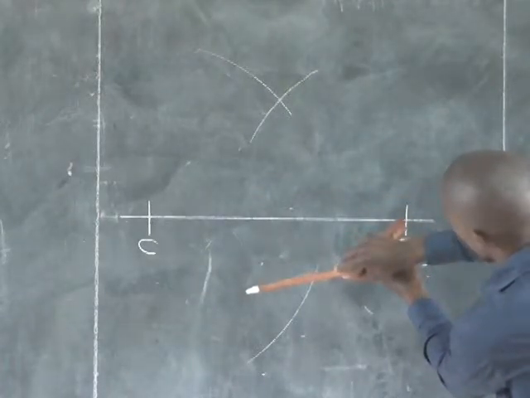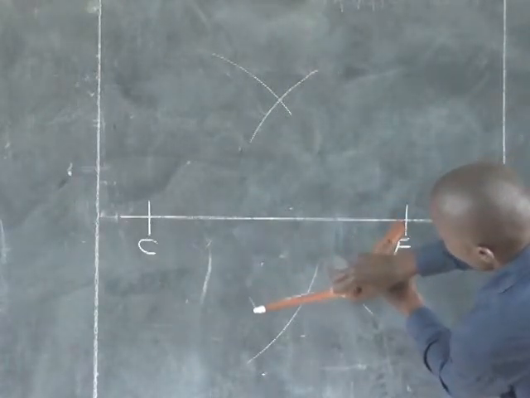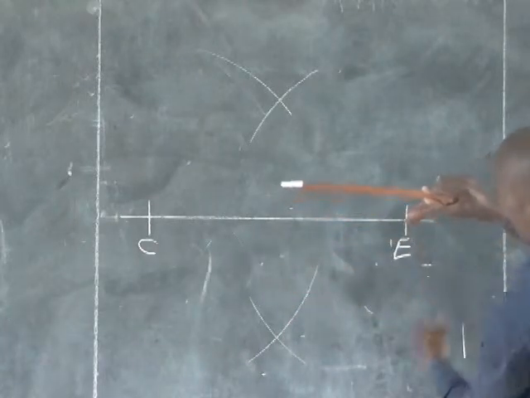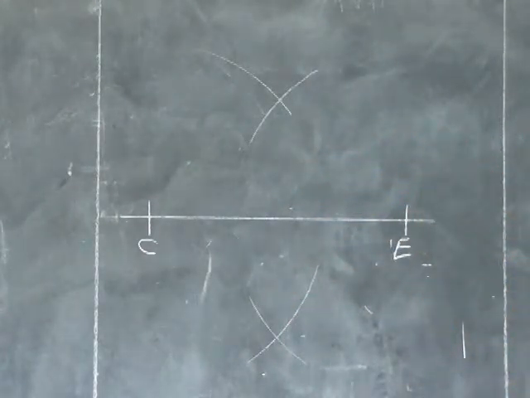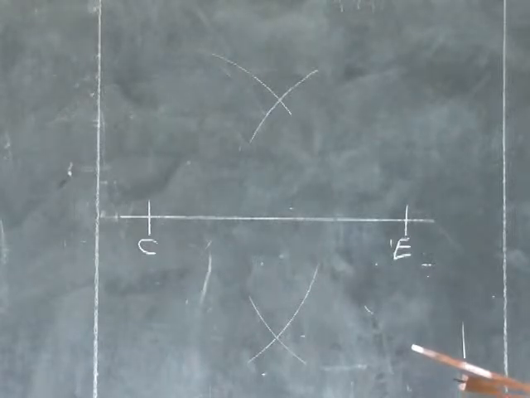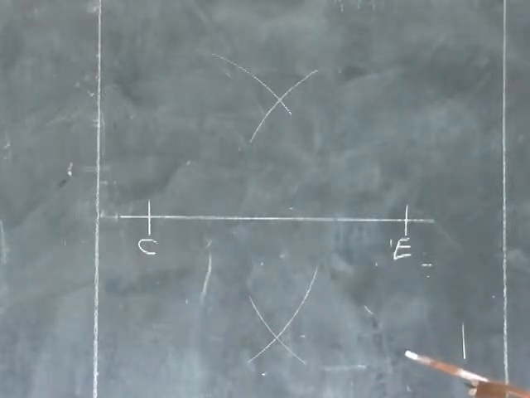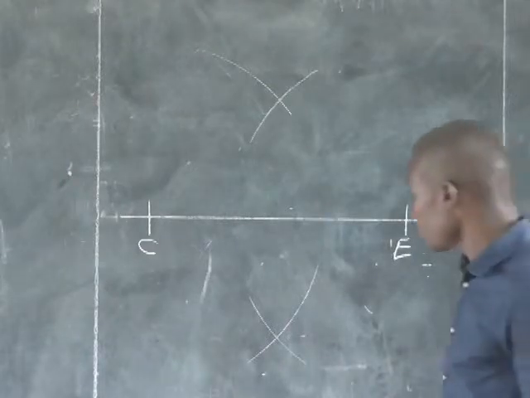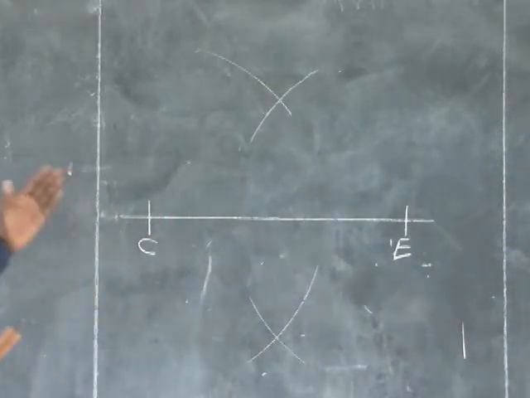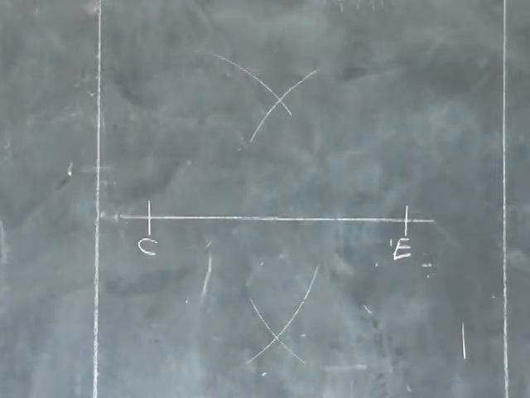Also, maintaining the radius, make an arc crossing the initial arc below line CE. With that, you'll realize that we have two arcs crossing each other.